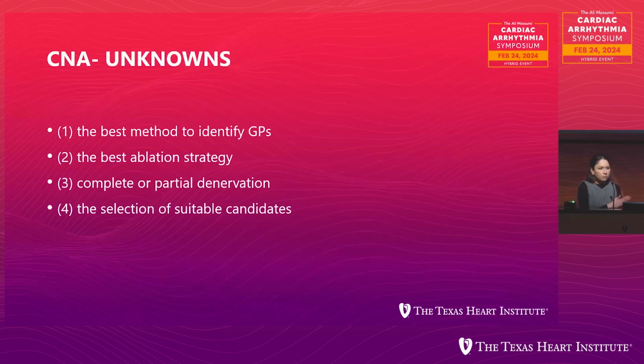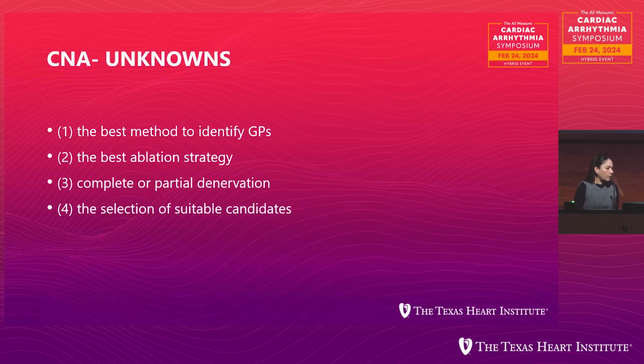So now, getting into the cardiac neuroablation part of things, there are a lot of unknowns. Obviously, this is not a thing that we commonly do every day. This is not our bread and butter. This is just a tool we should know about and something that we should further study, I think, because at least in my experience, I've seen some benefit, and I'll talk you through it here.